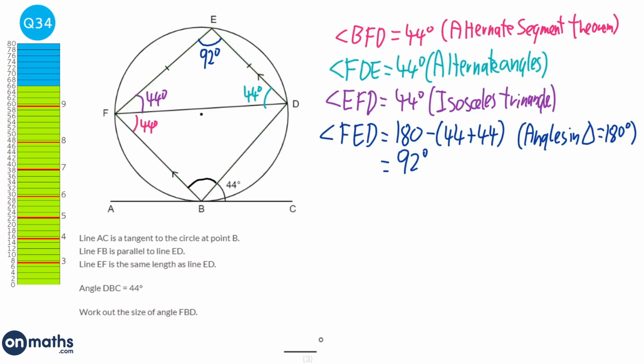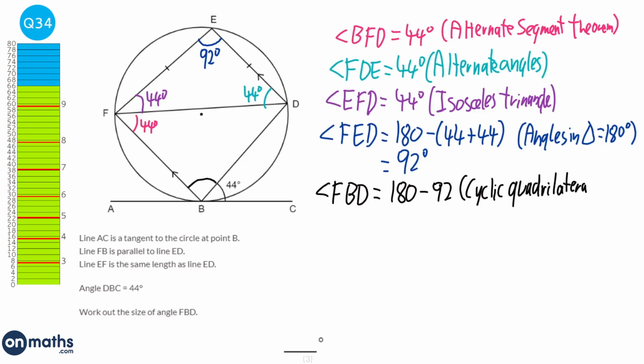And so angle, what's it called in the question, angle FBD is going to equal 180 take away 92, and again we have to show the reason of the fact it's a cyclic quadrilateral. And so 180 take away 92 is going to be 88 degrees. So our answer will be 88 degrees.